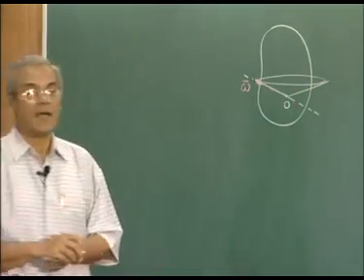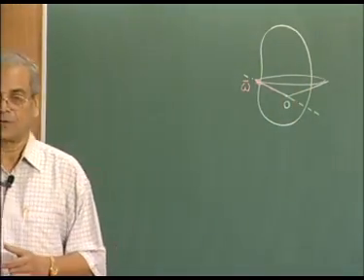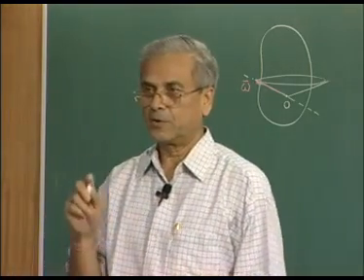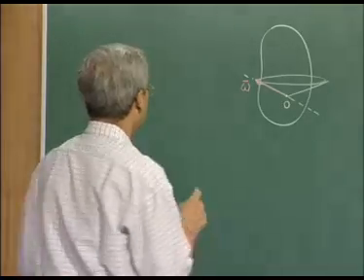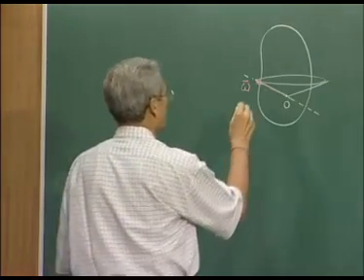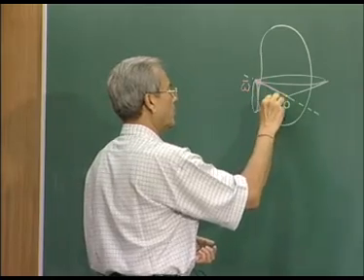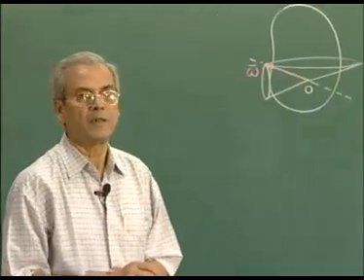So far as an observer attached to the body is concerned, with respect to the body this vector also executes another cone which we call the body cone.